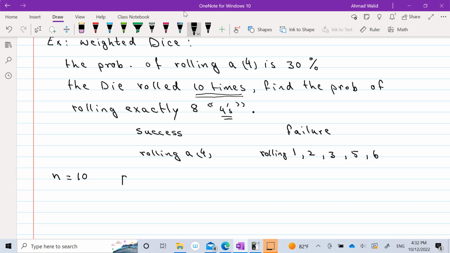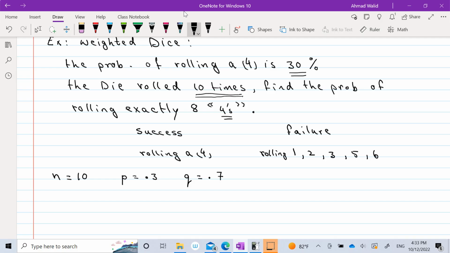Lowercase p, probability of success. It's given in the problem, even in the first line. The probability of rolling a 4. 4 is your success, right? It is 30%. It means your p is 0.3. If p is 0.3, I can ask you how much is q. Your q will be 0.7.